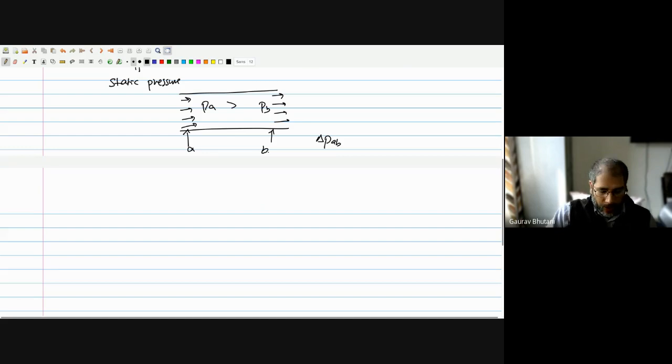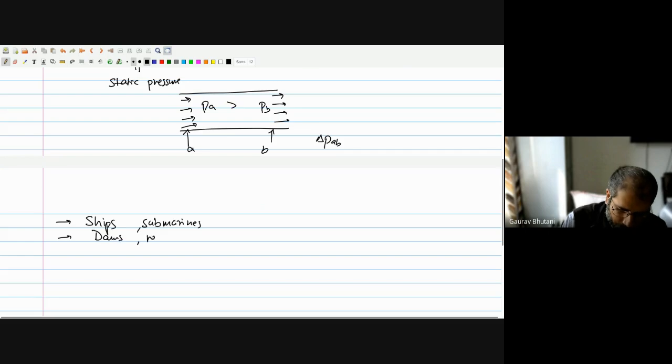Now, applications. The application of fluid statics, particularly for engineers, is in designing and manufacturing ships, submarines or submersibles. In fact, I sent you a video on submarines this morning. Then more for the civil engineering side is dams and reservoirs. Then we also deal with fluid statics a lot when we are working with pressure measuring instruments.